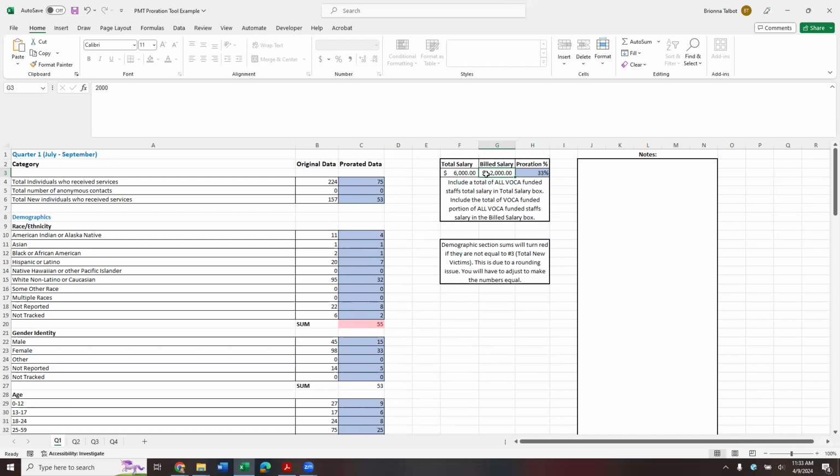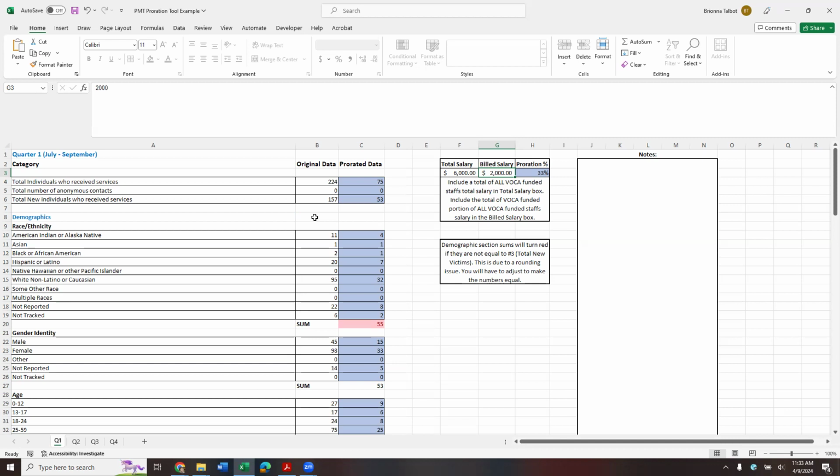Now, what if you have a couple of employees who are contributing to your data and you don't have a way to easily pull out the other people's information? So say you had Jim, Pam, and Dwight, and Jim and Pam are not grant funded, but Dwight is.